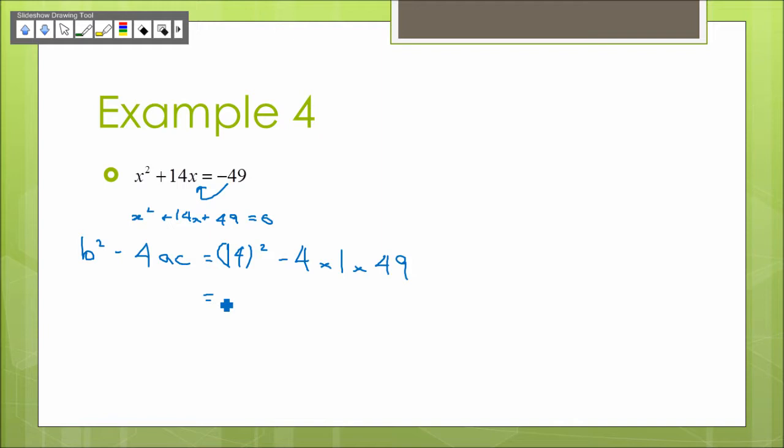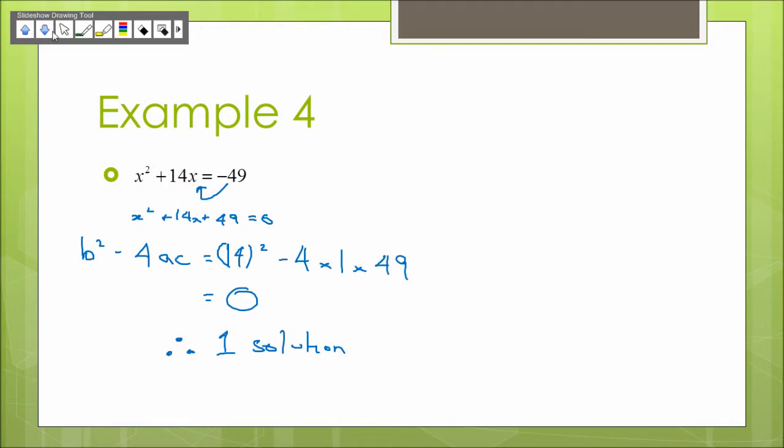We'll grab our calculators for this one. So 14 squared, take away 4 times 1 times 49 is, well, the answer is 0. Now because we get the answer of 0, that means, if we look back at our previous notes, that there is only one solution to this problem.